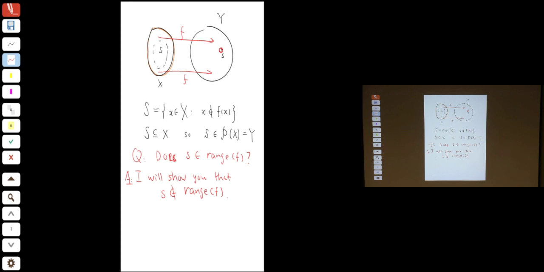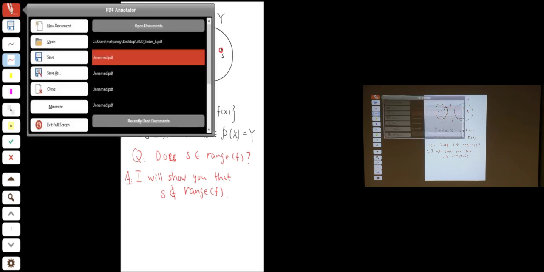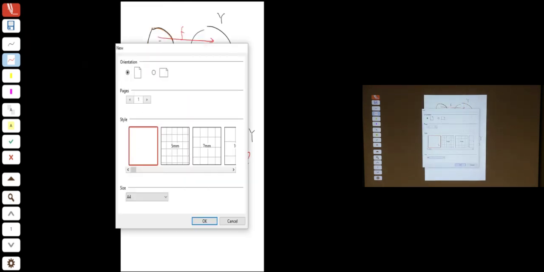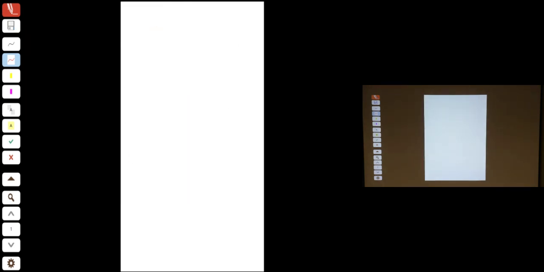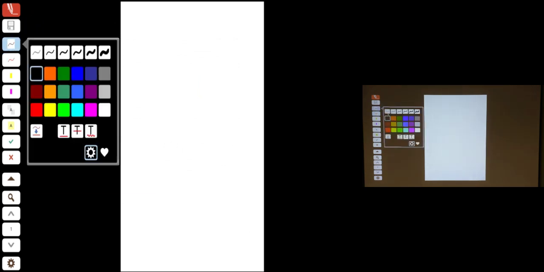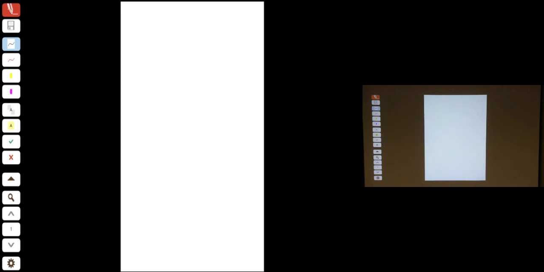So now maybe I start a new page and write that argument. So we have this set. I'll remind you what the set is. Let's do this proof. Okay, so what do we have? We have S, which is defined to be small x in capital X, such that small x is not inside f of x.